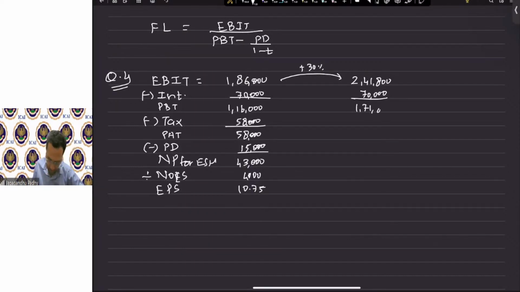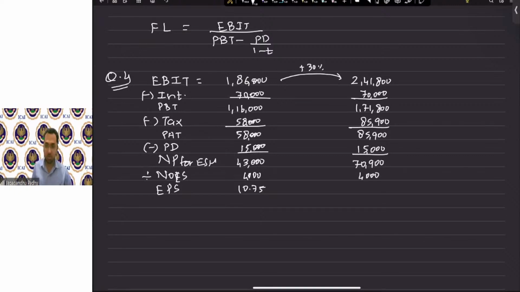Less interest of 70,000, this is 1,71,800. On that we have 50% tax, 85,900 is the tax, so PAT is 85,900. Preference dividend is 15,000. Net profit for equity shareholders is 70,900.